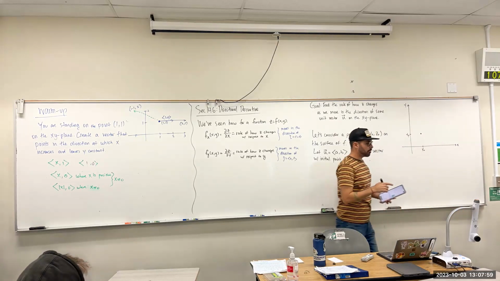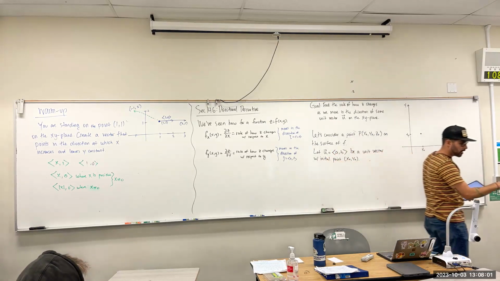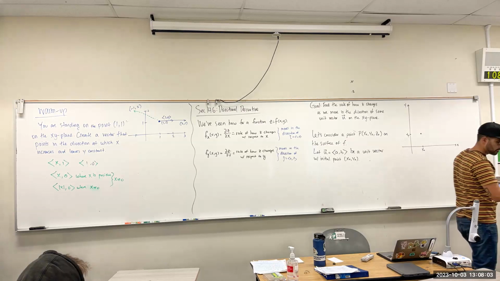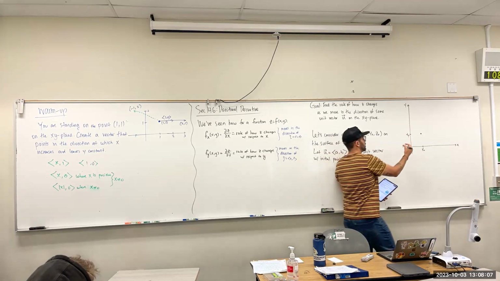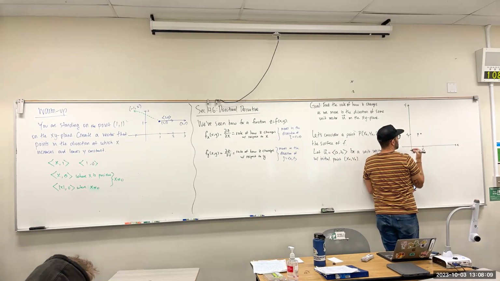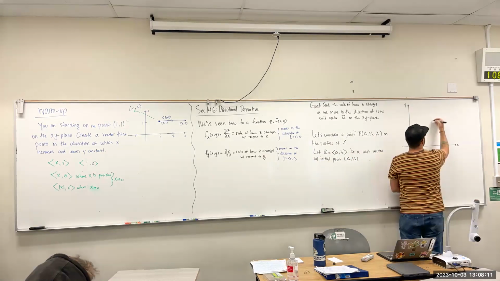You guys see that point Q that it's referring to on the top of the surface? It's a little bit in front. So this point here refers to the point P that's on top of the surface, and let's say point Q is over here somewhere.